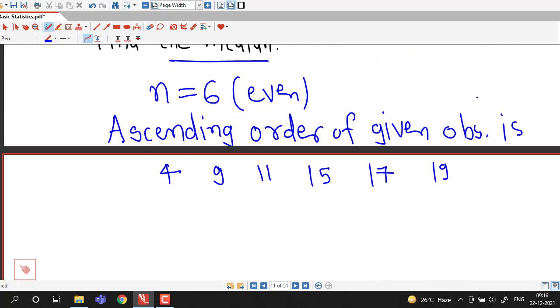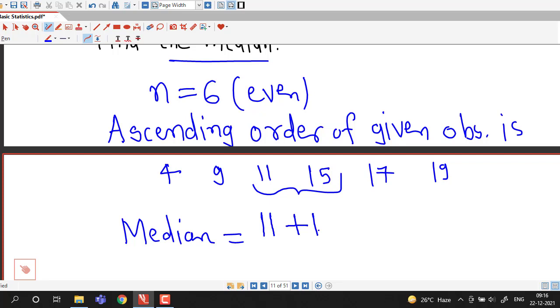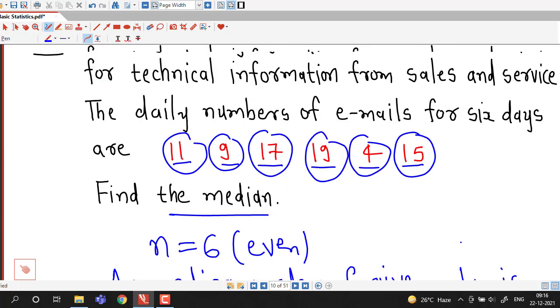So we find out two middle values here. We can see these two are two middle values. So median equal to average of these two middle values. Median is 11 plus 15 divided by 2, that is 26 divided by 2. So median is 13.